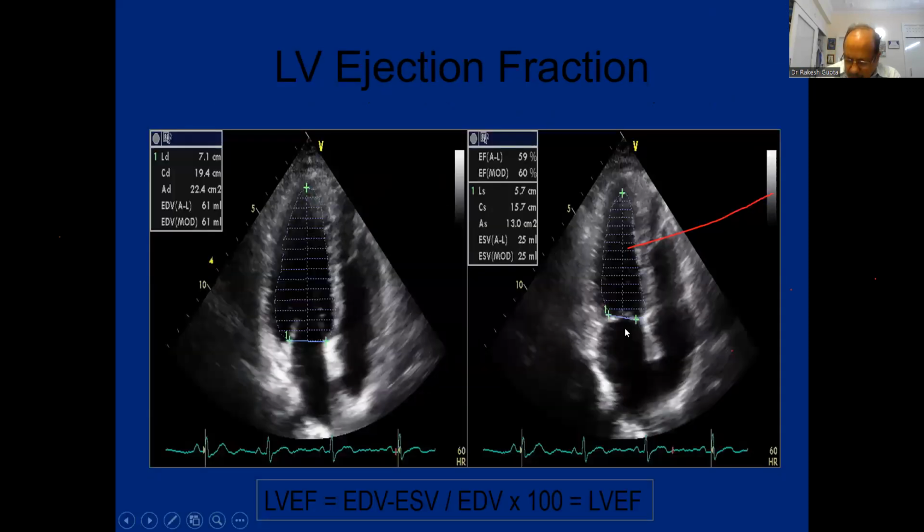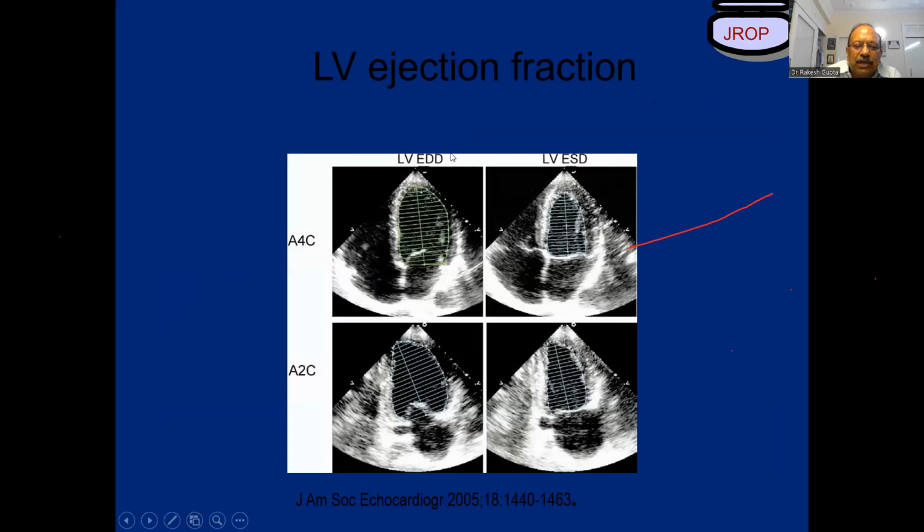If you happen to see a good LV cavity and a small RV cavity, that is normal, correct? Suppose you see a large RV cavity and a small LV cavity, it means you are in the fourth intercostal space. Why? Because from the apex, you have moved towards the mediastinum. So you'll see better RV, RA as compared to LV, LA.